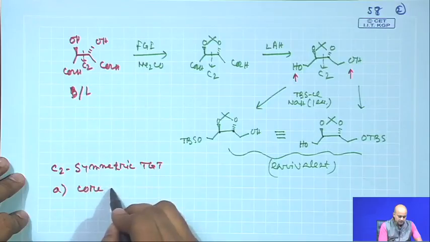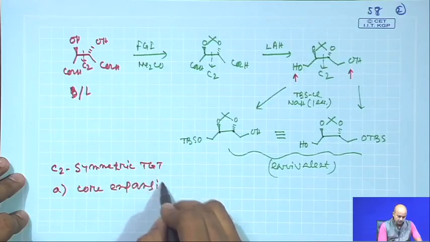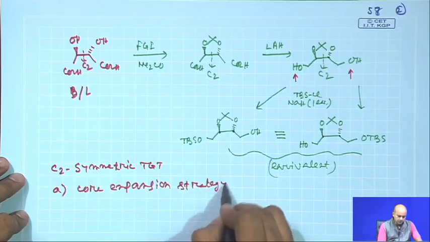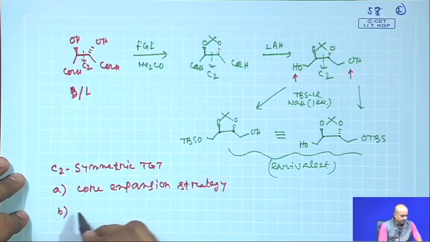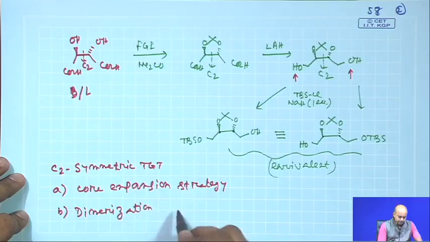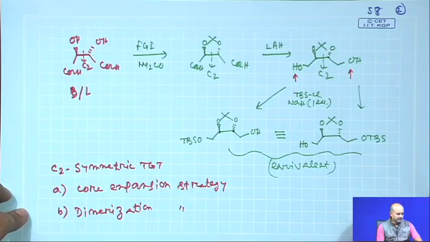The first one is named the core expansion strategy, and the second one is named the dimerization strategy. Both the strategies are basically similar in a sense.